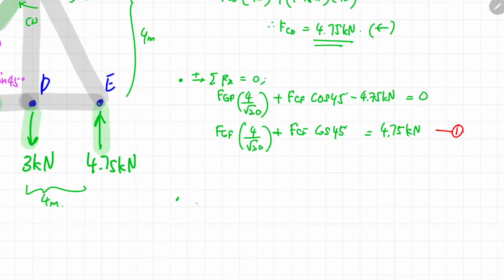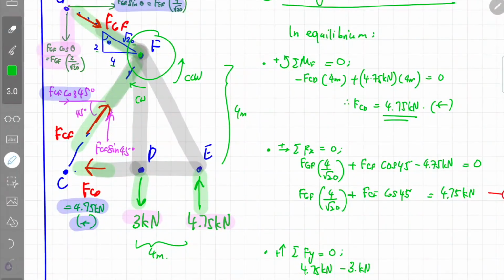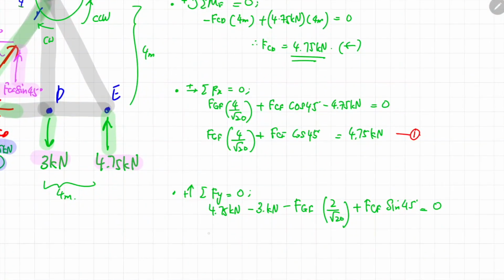Now let us proceed with the calculation by applying the equilibrium condition in the y direction. Again, I'm going to fast forward this part. Try to do this on your own, and at the end of the day, your final equation would look something like this.